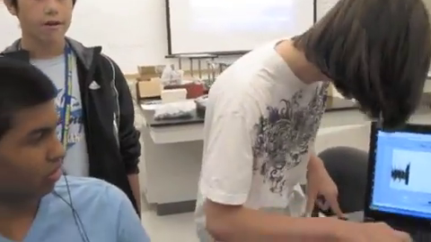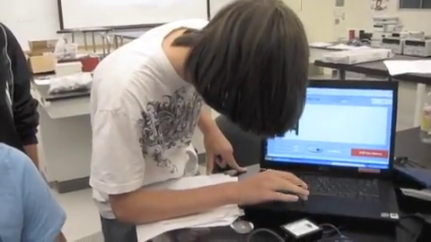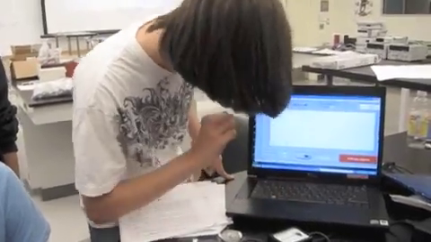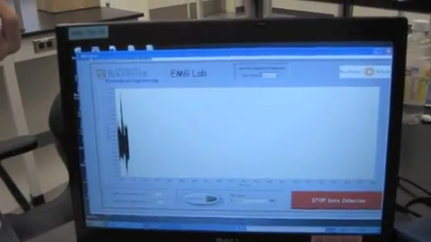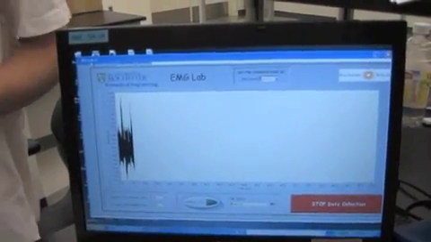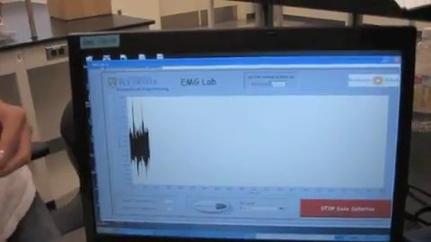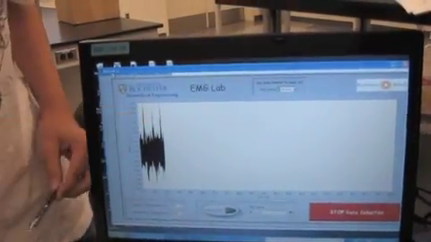Davin's hooked up to the EKG sensor, which is electrocardiogram, I believe. So what this does is it records his muscle clenching. And you can see the peaks here when he clenches.